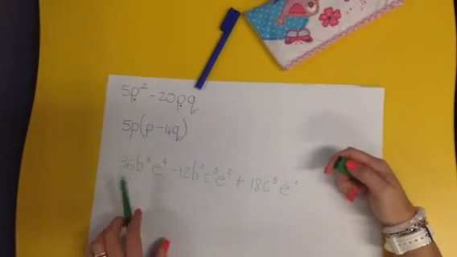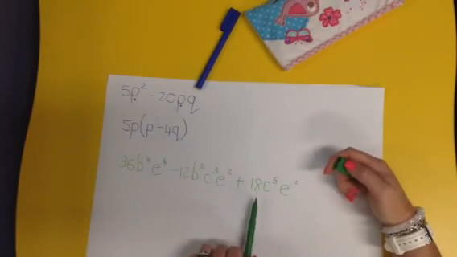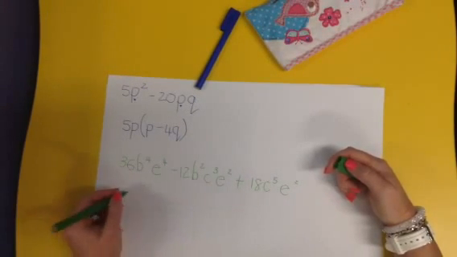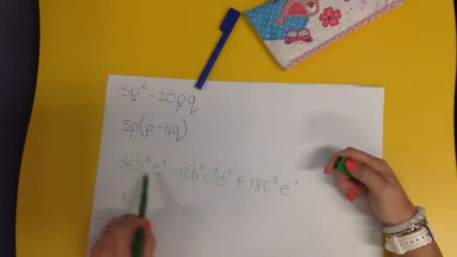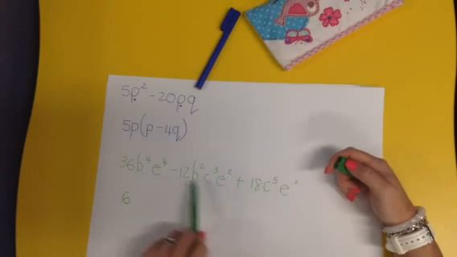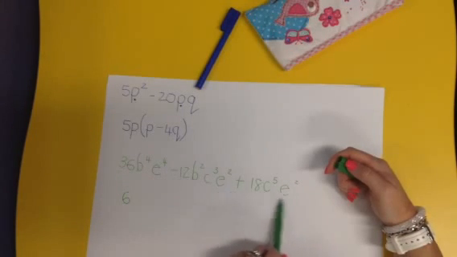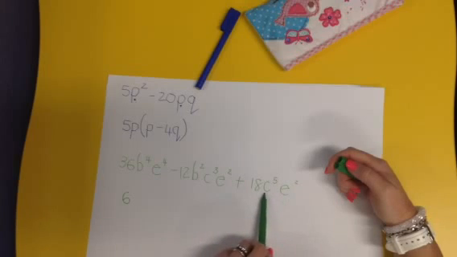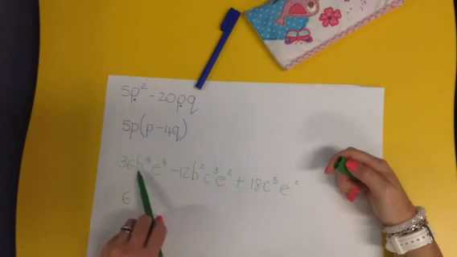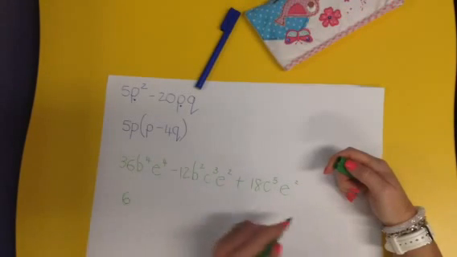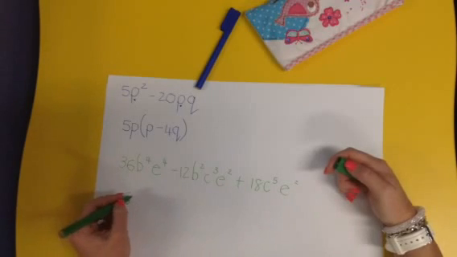Okay, so first of all we look at the number 36, 12, 18. Well, it looks like 6 would be our highest common factor. But 6 what? There's an e in that one, and an e in that one, and an e in that one. There's a c, but not a c in there, and there's a b and b. So e actually is common to all of them. So we're actually going to make it 6e, okay?